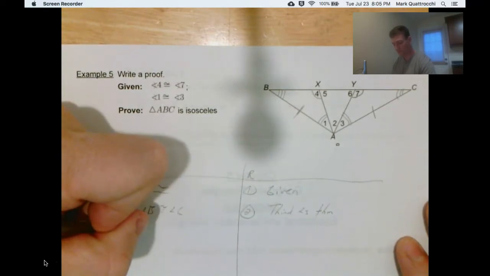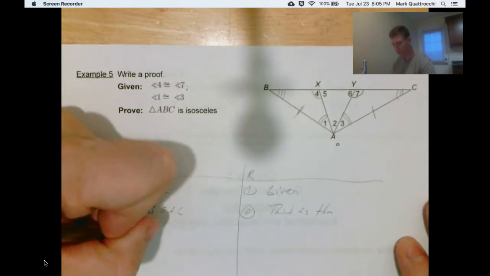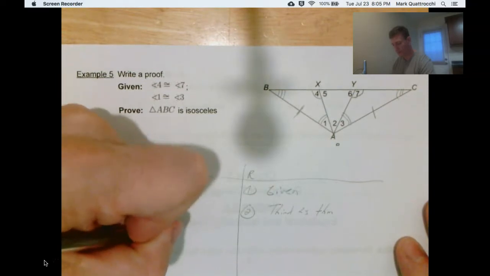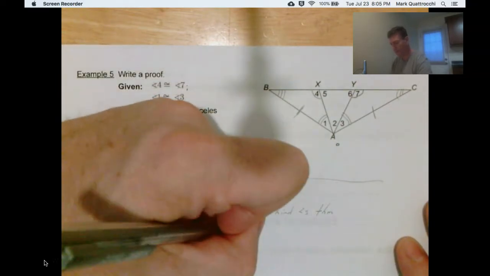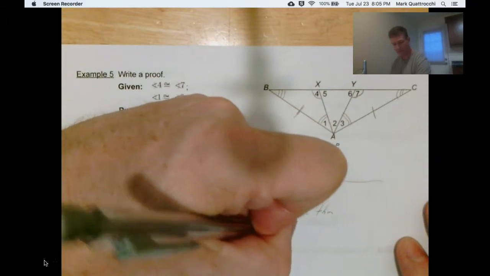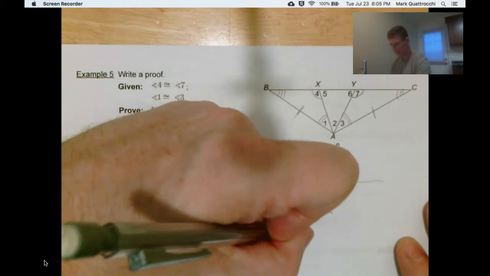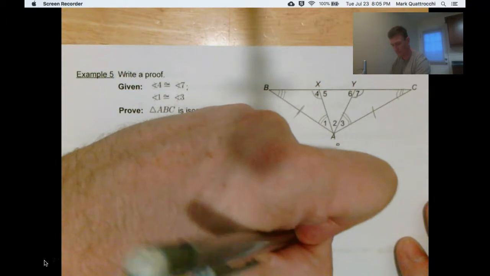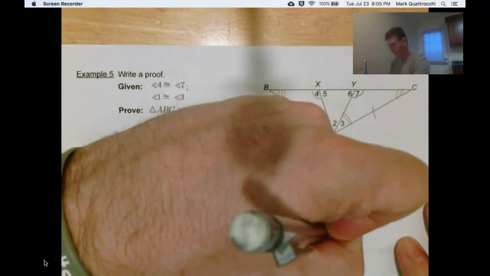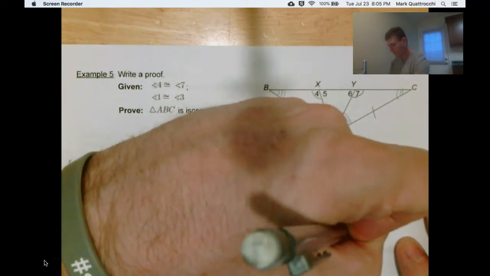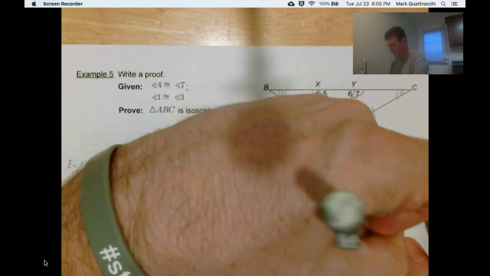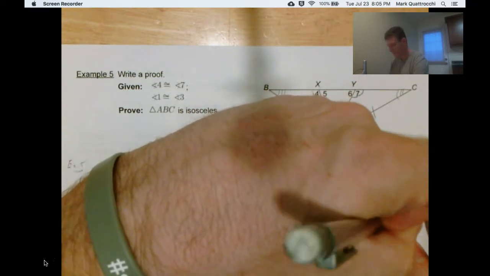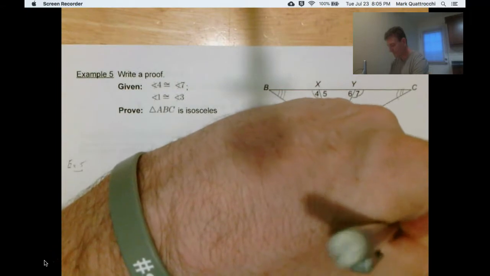Statement 3, AB congruent to AC, converse of the base angles theorem.